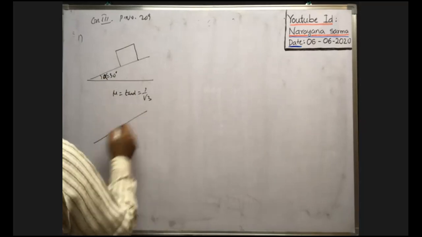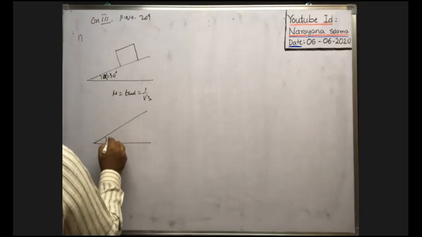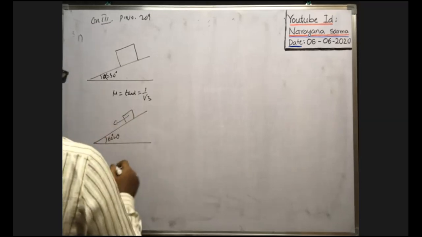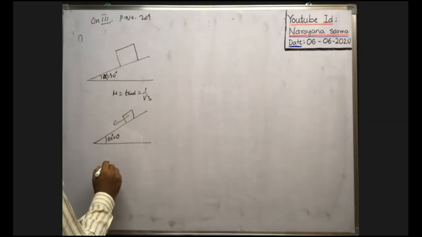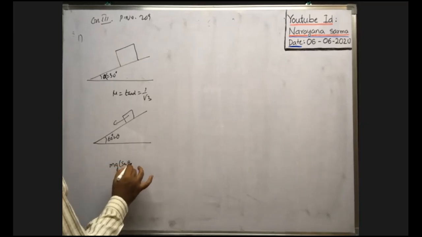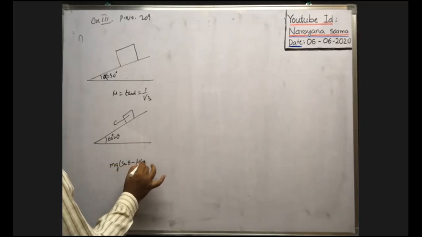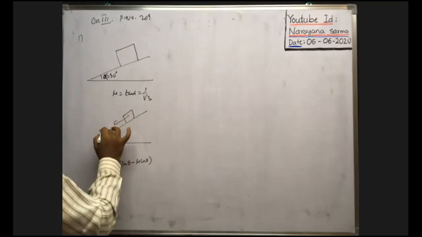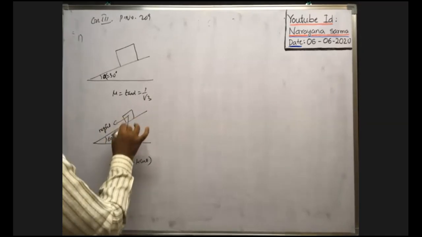Now, whenever the angle of inclination is 60 degrees, definitely the block slides. Whenever the body slides, what is the net force acting on the block in the downwards direction? Net force is equal to mg sin theta minus mu mg cos theta. Because when the body slides down, the weight component mg sin theta acts downwards.